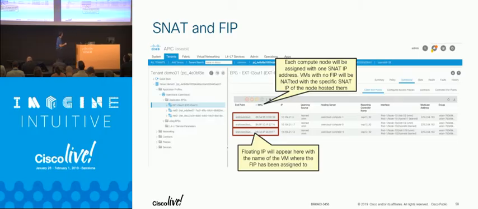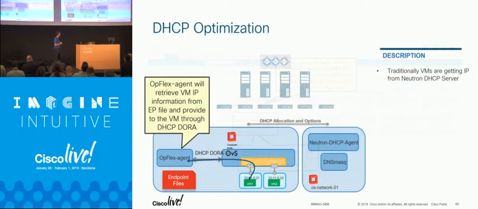So we're going to have all the SNATed IP addresses and the floating IP addresses listed there. So you can understand from an ACI view which virtual machine has been assigned which floating IP, which networks it belongs to, and what contracts I have for connectivity to the external world.